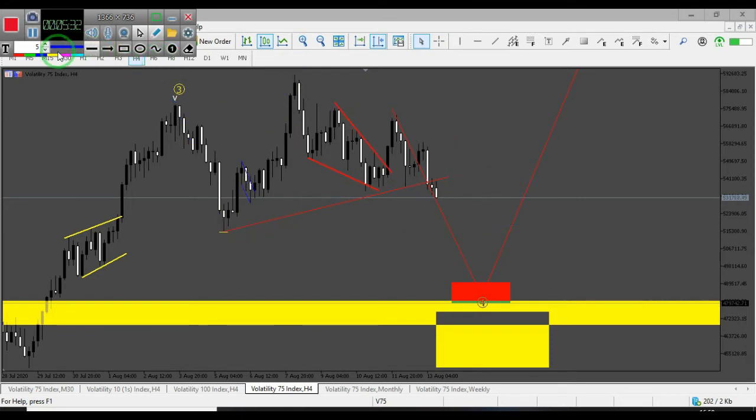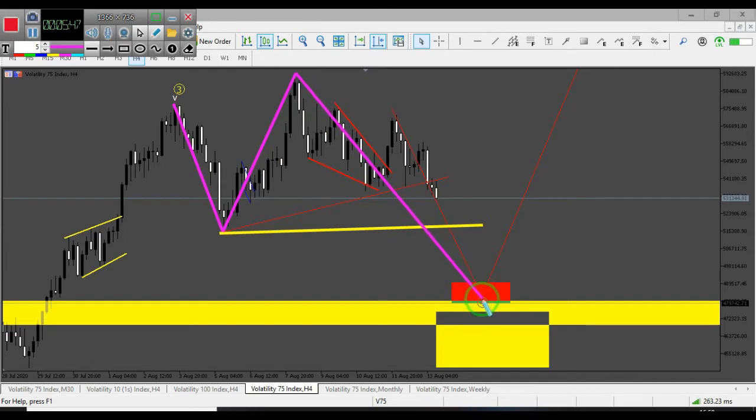Second scenario, we're gonna have something like A, B, C, and a move to the upside to complete our wave 5. This is the second scenario.